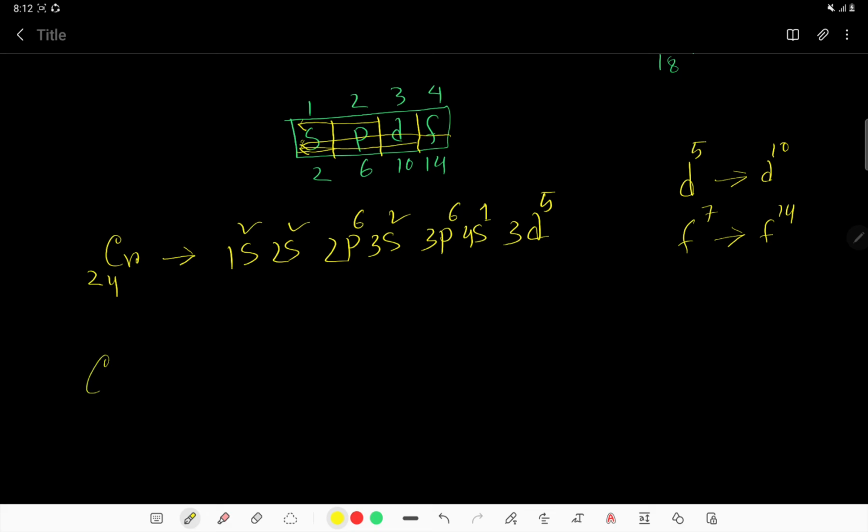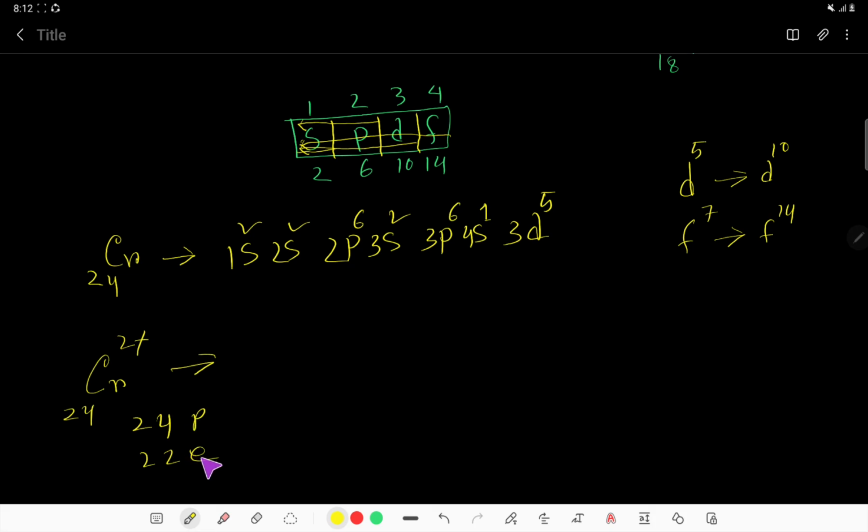So how do we now write the electron configuration of chromium 2 plus? Its atomic number is 24, meaning 24 protons. It is fixed, and 2 plus means it will release 2 electrons, that is 24 minus 2, that is 22 electrons.